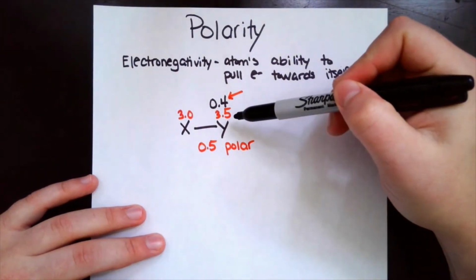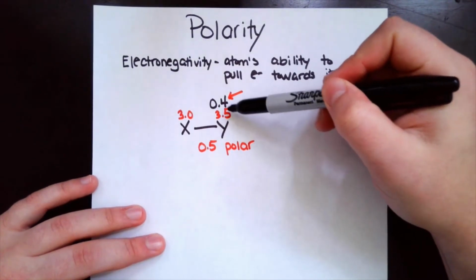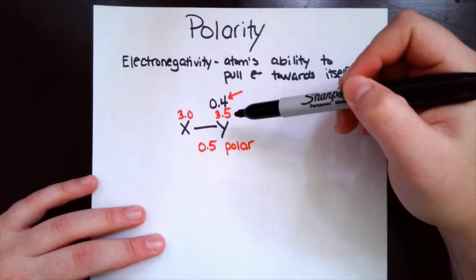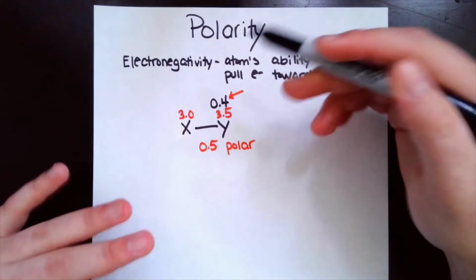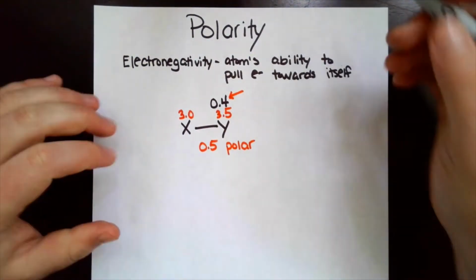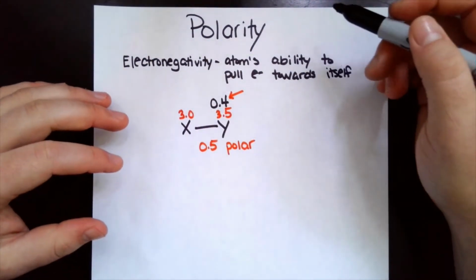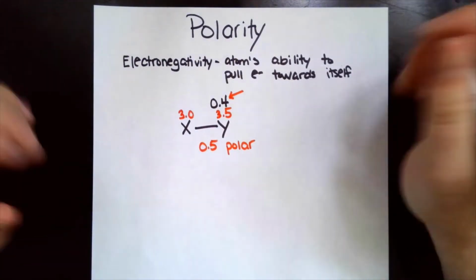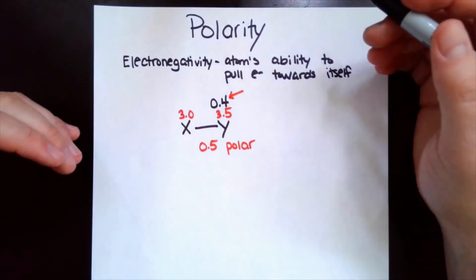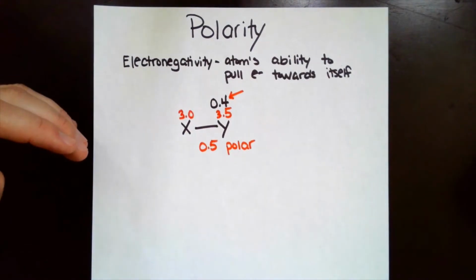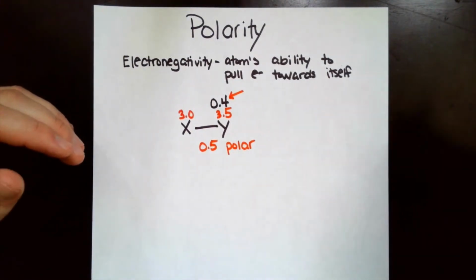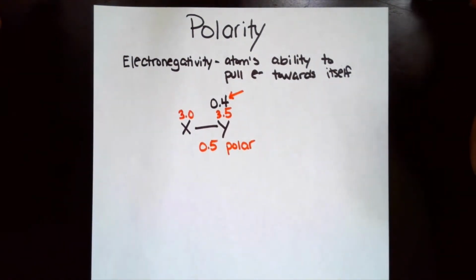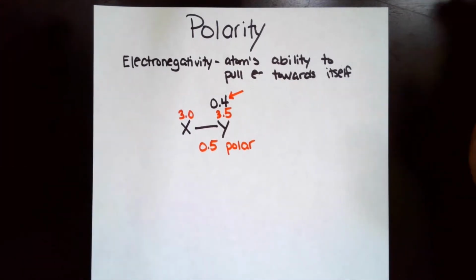And if the electronegativity difference is great enough, the higher number is like the stronger person in tug-of-war and is able to pull the center of that bond closer to itself. If it's non-polar, then basically they pull on the electrons evenly. So a non-polar bond is considered to be shared perfectly evenly, whereas a polar bond is not shared evenly.